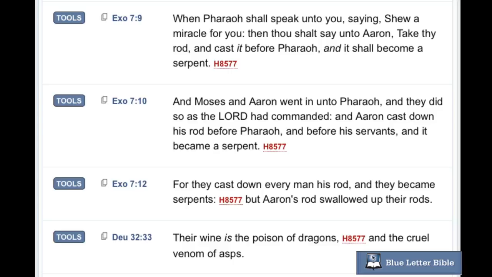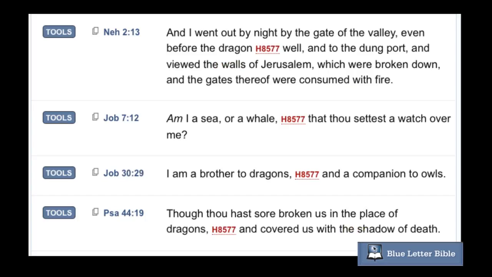Let's go to the next one. Nehemiah 2 verse 13. The word was translated as dragon. Job 7 verse 12. It actually was translated whale there. I think that might be the one and only other time. Job 30 verse 29. It was translated as dragons. Psalms 44 verse 19. That word tanim was translated as dragons.